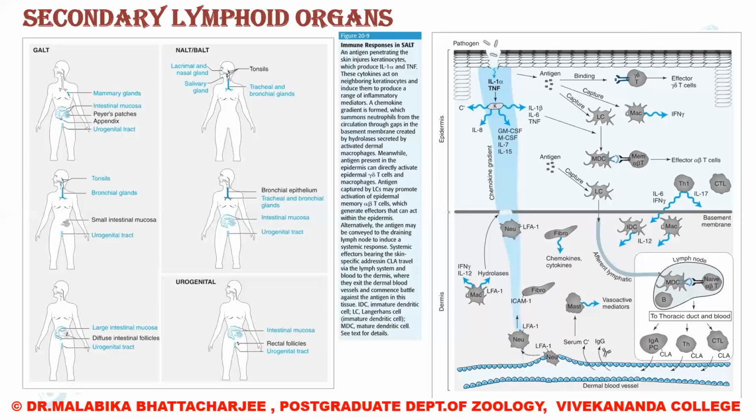An inductive site is a specific area in a mucosa where an antigen is encountered and a primary adaptive response is initiated. For example, inductive sites in the GALT include the organized lymphoid structures in the small intestine called Peyer's patch.